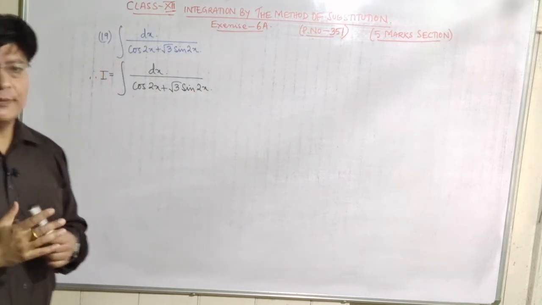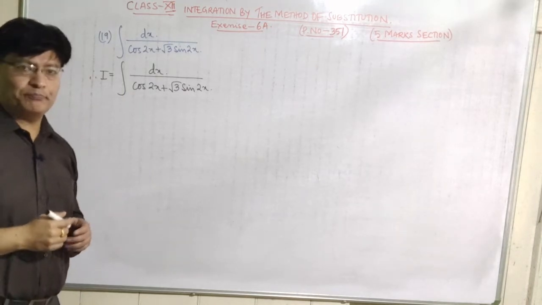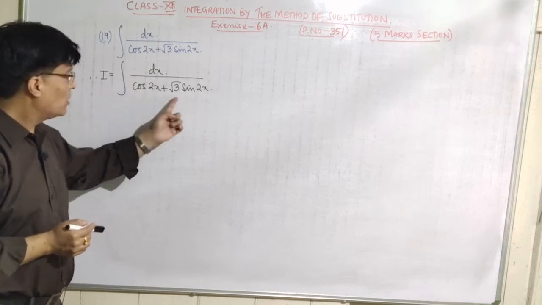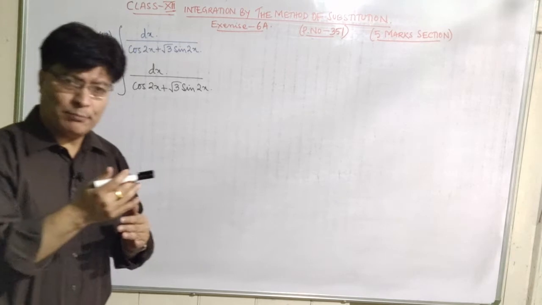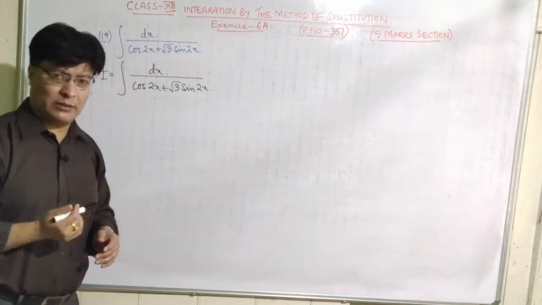Now you have to simplify it first. You have to write down this denominator in compound angle form. But before that, what is the coefficient of cos 2x? It is 1. What is the coefficient of sin 2x? It is root 3. That means by which number will you multiply and divide the denominator?